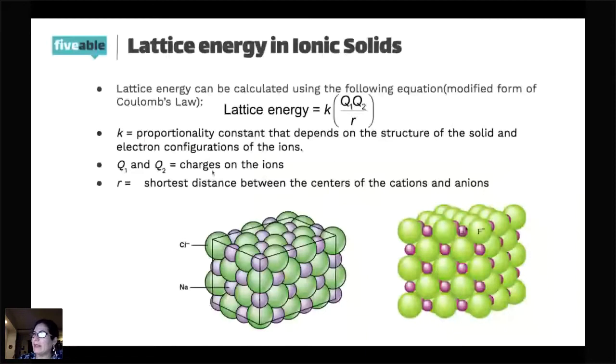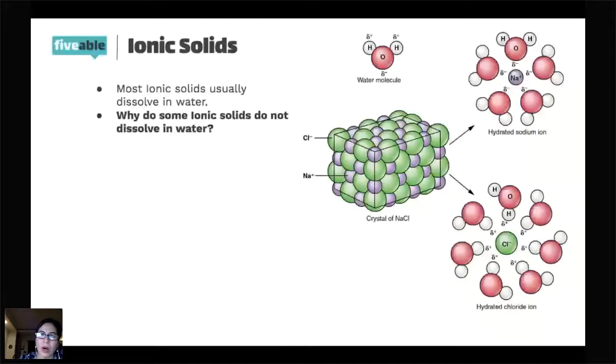And what happens is that they are more attracted to each other, so the effect of water doesn't have any effect on these really, really strong crystal lattices with a great lattice energy. They prefer to be stuck with each other than to dissipate with the water. So it has to do with the strength of the lattice energy. Does this make sense?